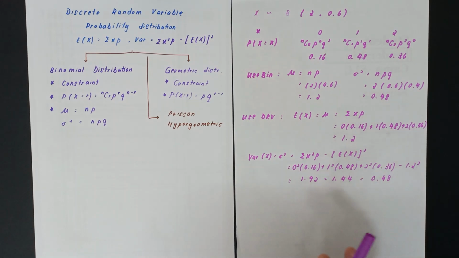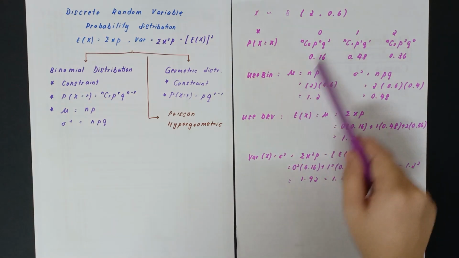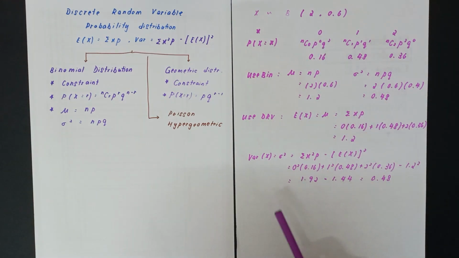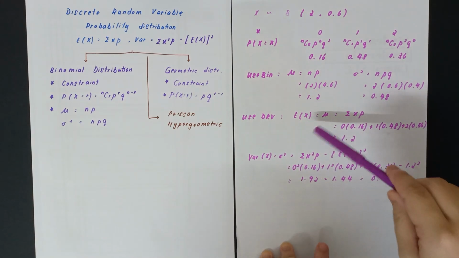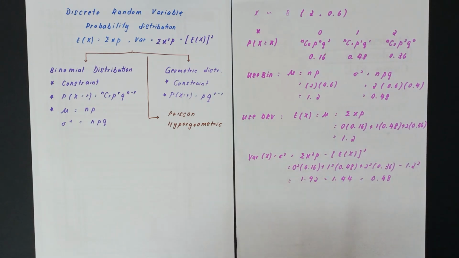Then my question is, if all binomial can use discrete random variable, can all discrete variables use binomial? No. If you have a situation like the one I said just now, the ball and the basket, then when you do your discrete random variable and use E(X) and variance, of course you can get the answer.